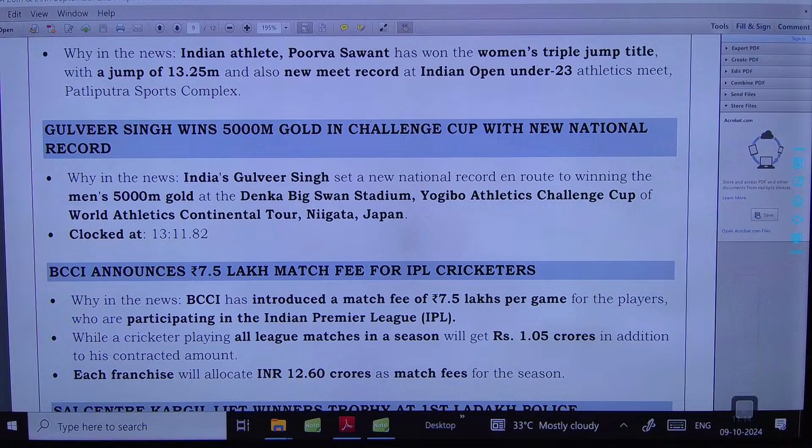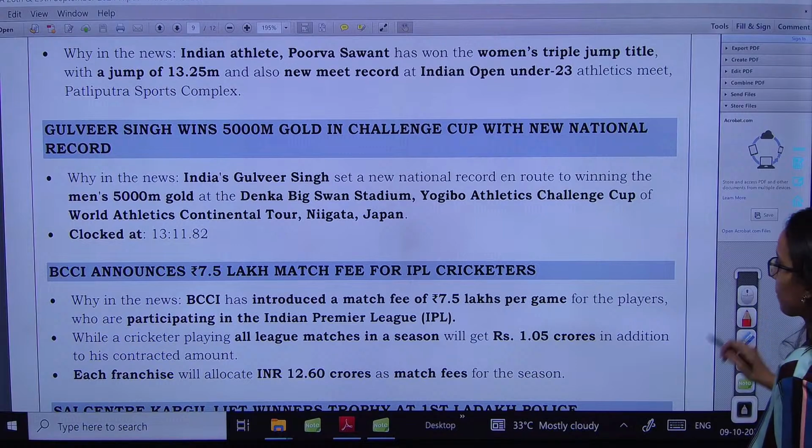So remember where it was held: Niigata, Japan, and India's Gulveer Singh has set a new national record, winning gold in the men's 5,000 meter.